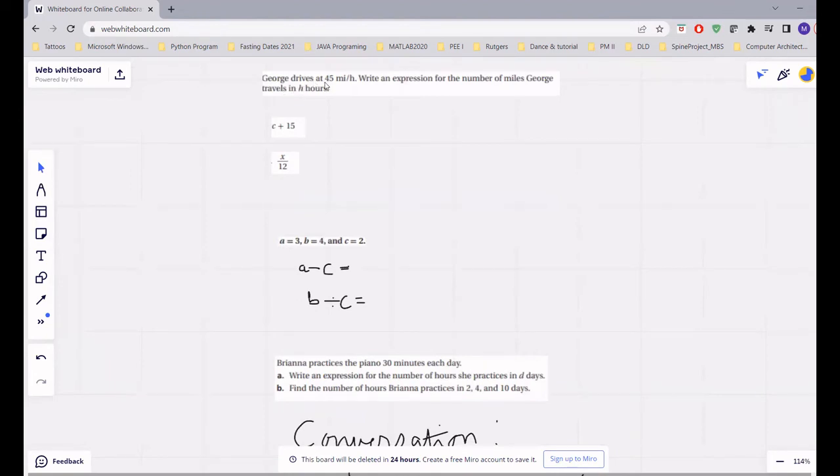Josh drives at 45 miles per hour. Write an expression for the number of miles Josh travels in H hours. What would you say? Think H hours of 45 miles.